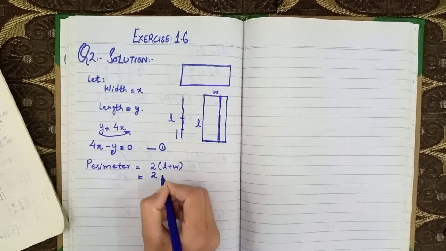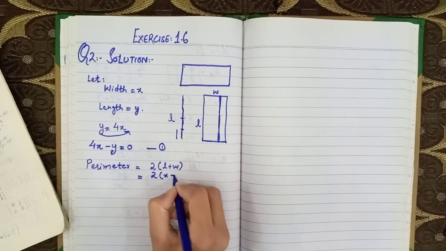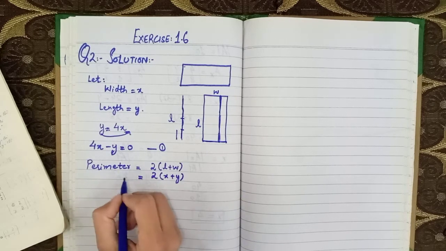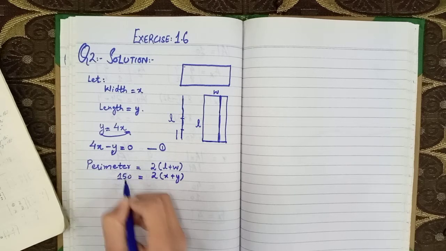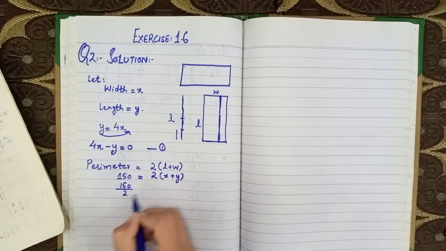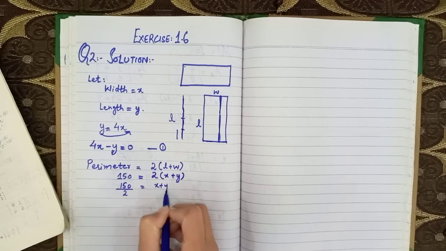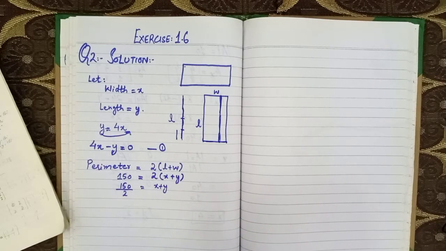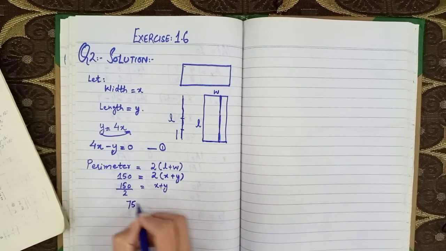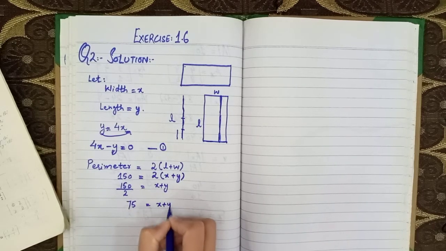We can write it as 2 into x plus y. And what is the perimeter here? 150 centimeter. Divide 150 by 2, I think you will get 75. So 75 equals x plus y.